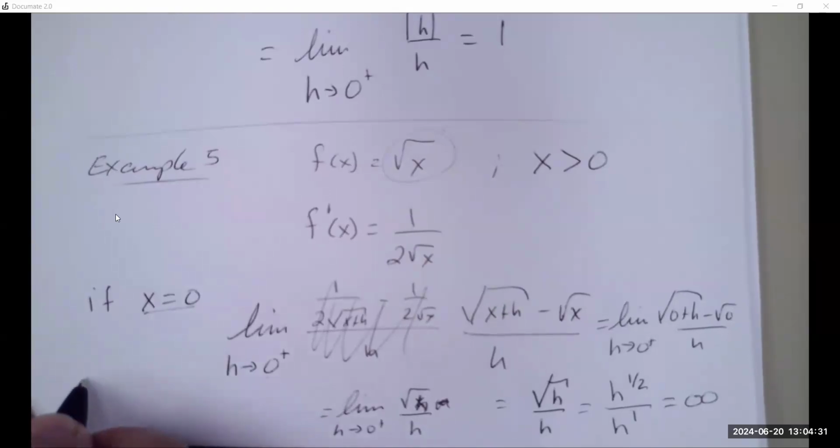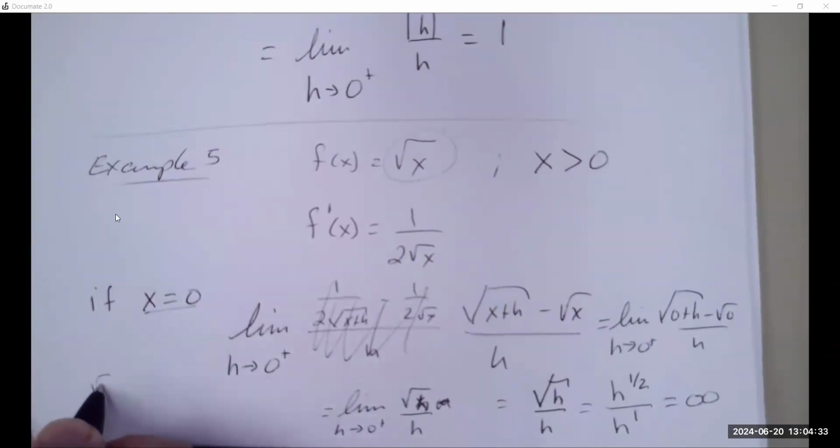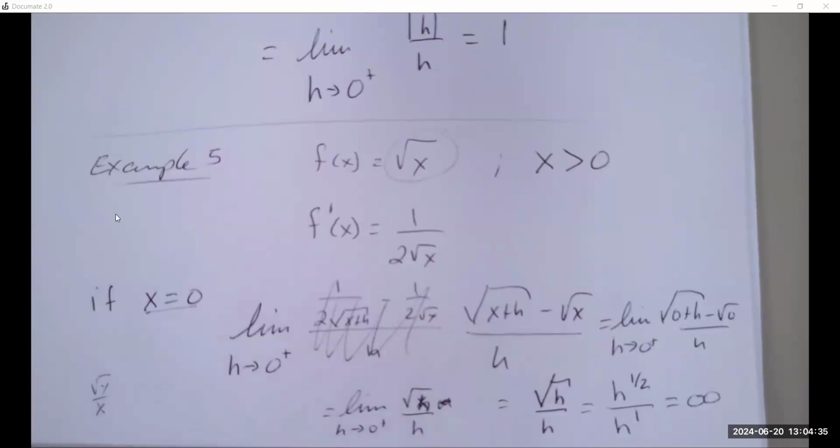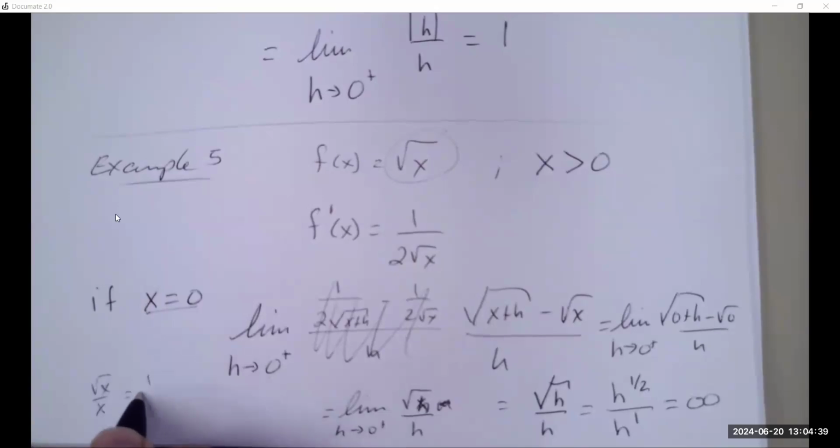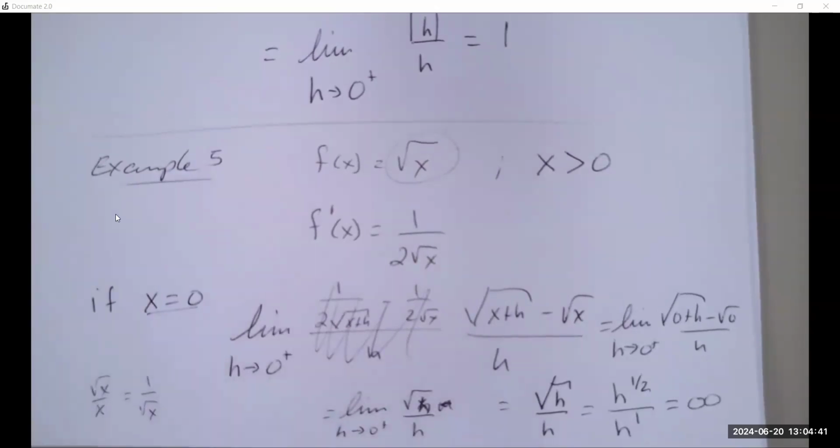Think about it. If we had a square root of x over x, what that would be equal to is 1 over square root of x. Because doesn't square root of x times square root of x equal x?